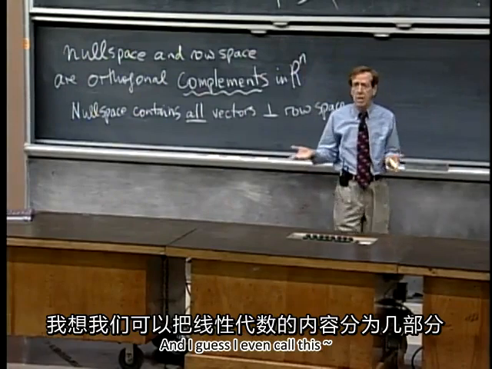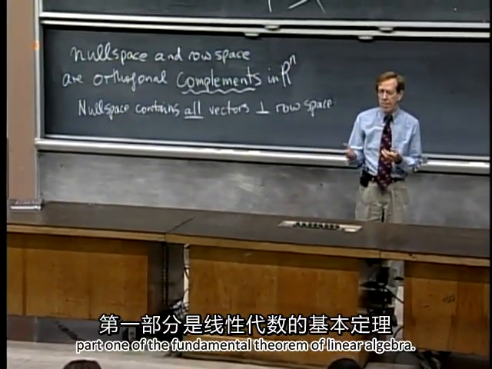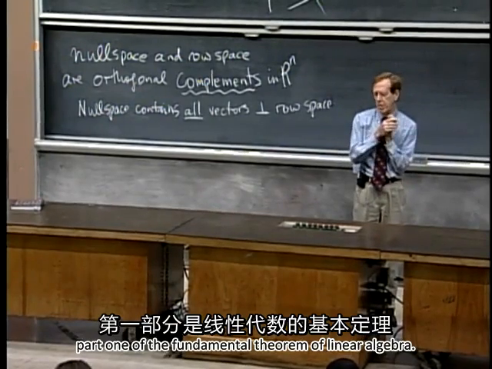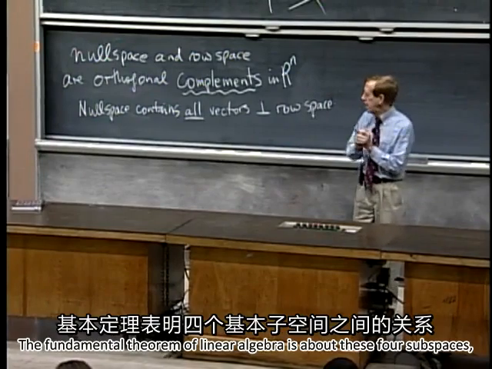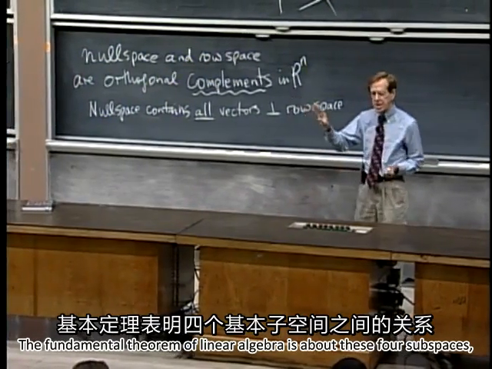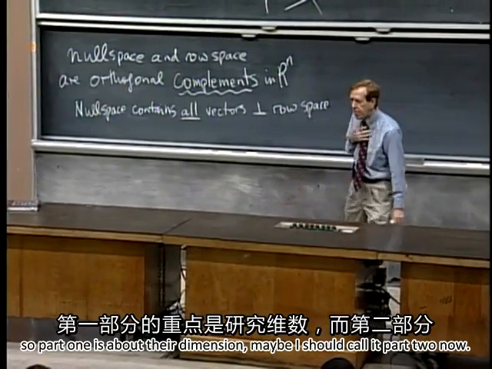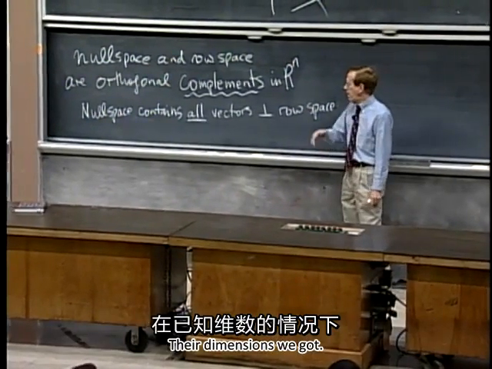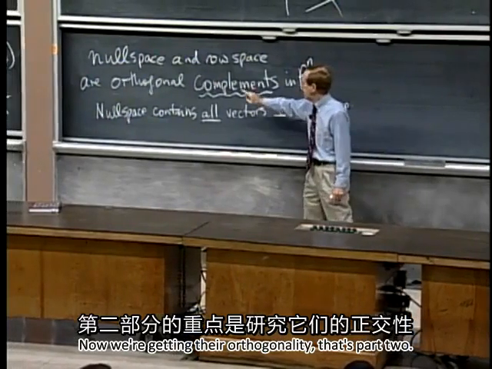And I guess I even call this part 1 of the fundamental theorem of linear algebra. The fundamental theorem of linear algebra is about these 4 subspaces. So part 1 is about their dimension. Maybe I should call it part 2 now. Their dimensions we got. Now we're getting their orthogonality.